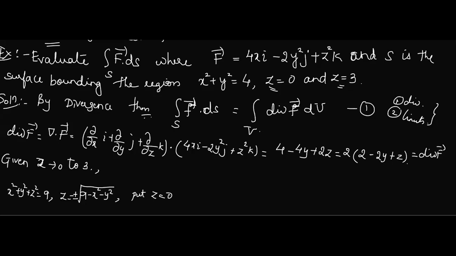If z is 0, it is an equation in x and y. From this equation, y square equals 9 minus x square, so y will be plus or minus the square root of 9 minus x square. Again, it varies from the negative to the positive of the value.